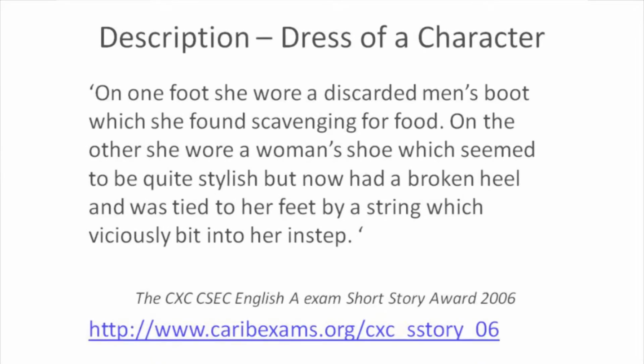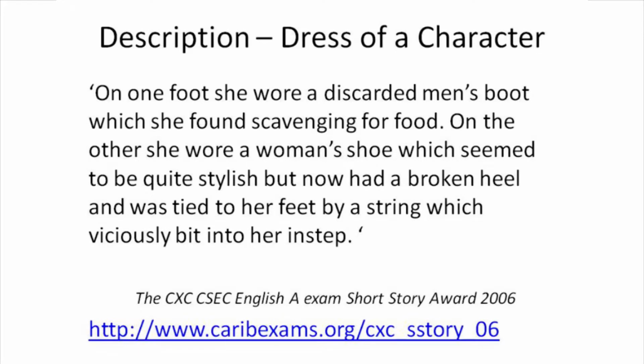So let us look at an example of a description. This is how descriptive writing may be embedded in the story. This description is part of a story that got the English exam short story award in 2006. I got it from an online source, and it is a description of the dress of a character.